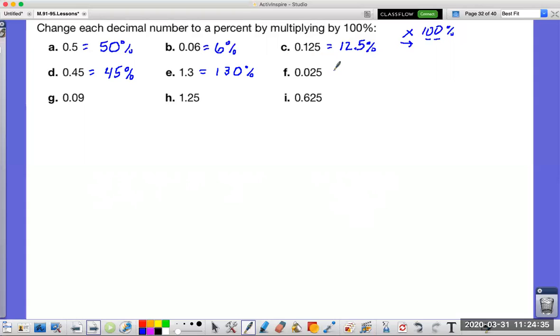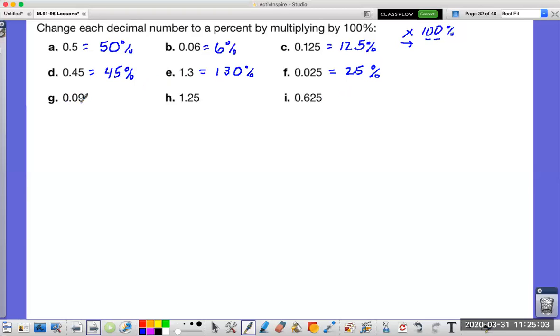Letter F, 25 thousandths. What's that equal as a percent? I write my numbers, the 2 and the 5, and I move the decimal 2 places over. That means it's going to go right between the 2 and the 5. So that'd be 2 5/10%. That's what that one will be.